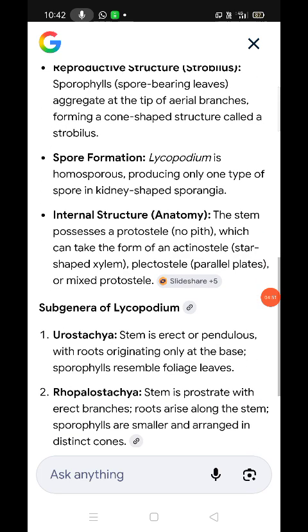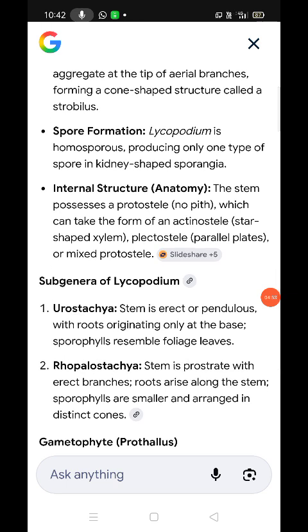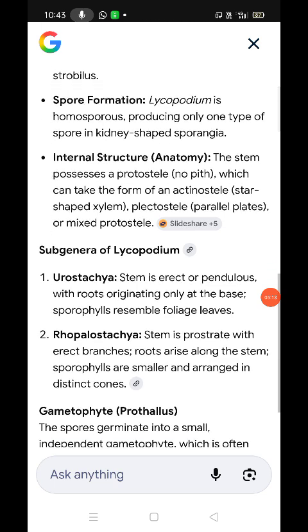Now, there are different subgenera found in Lycopodium, like Urostachya, where the stem is erect and pendulous, with roots originating only at the base, and sporophylls resembling foliage leaves. So this is another subgenus of Lycopodium.